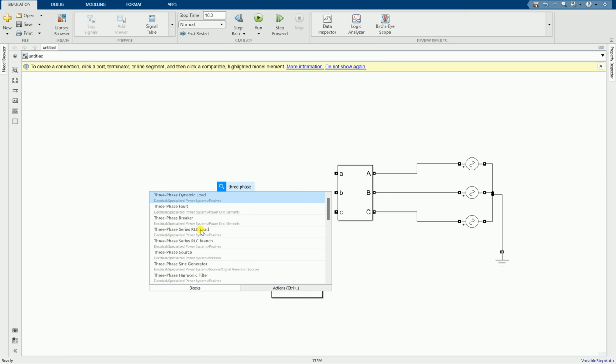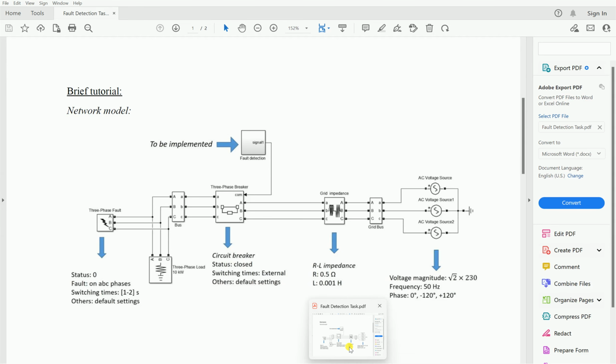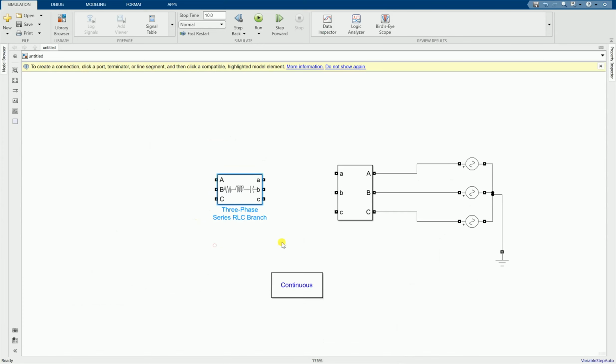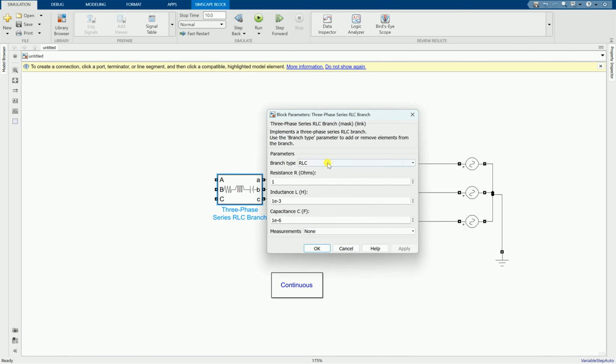So here the requirement is what? The requirement is in ohms and Henry. So we will use the branch like this. Take this one here, and this one here, like this. Then we have RL, which is the resistance and inductance of the transmission line.